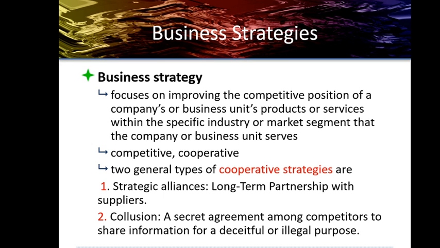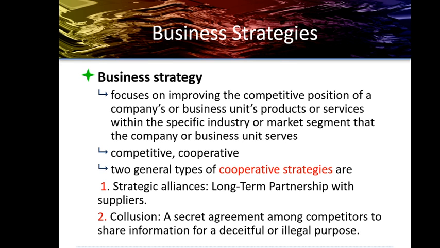So, for example, they will agree on prices. Okay, we will let our prices be at this level. We will not put them lower than this level. Okay, we will produce this much. Or sometimes they agree that they will divide the market between them in order to keep their bargaining power stronger compared to the buyer bargaining power.